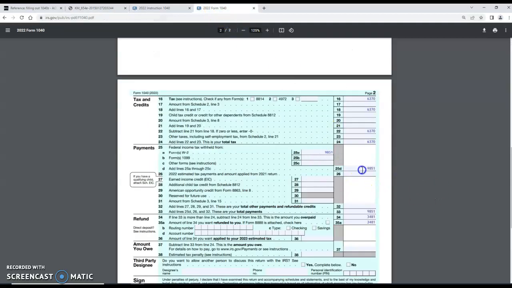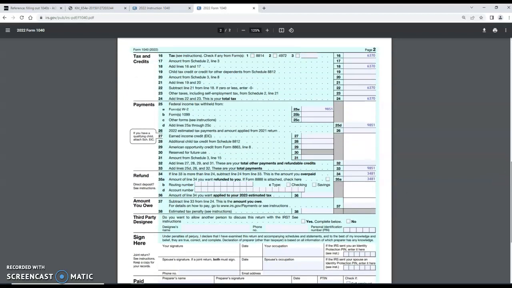So here, here, and here would have been $28.51, but he has tax liability of $63.70. So he would owe $35.19 in that case, because he didn't pay in enough to cover what his taxes were for the year.